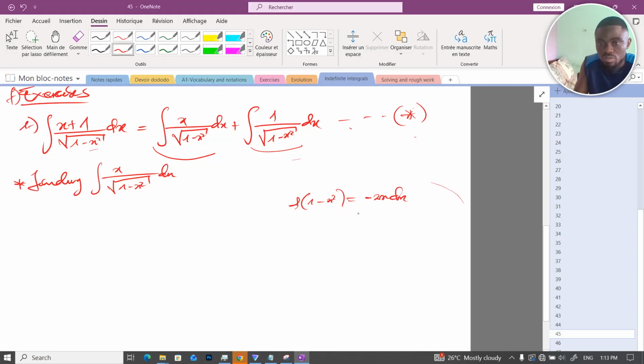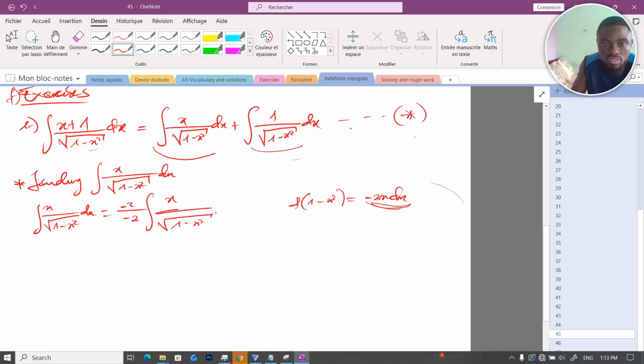So the integral of x all over the square root of 1 minus x squared dx will be equal to, let's multiply top and bottom by minus 2 on minus 2, the integral of x all over the square root of 1 minus x squared dx.